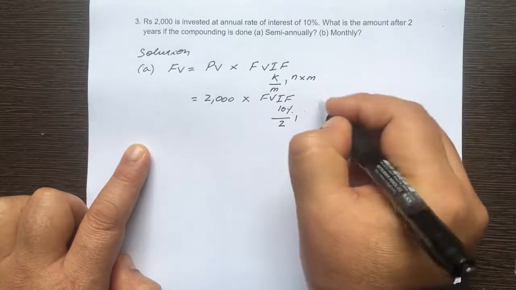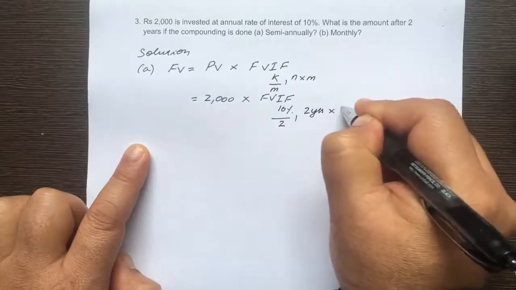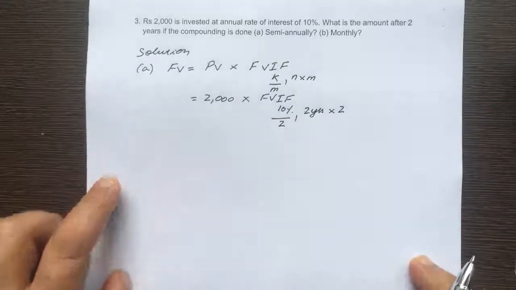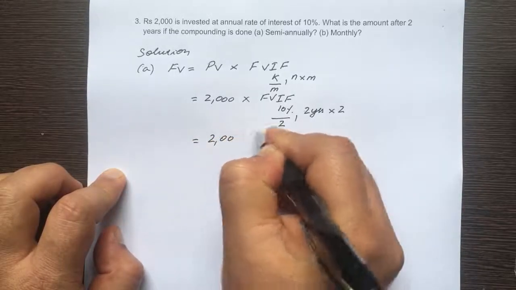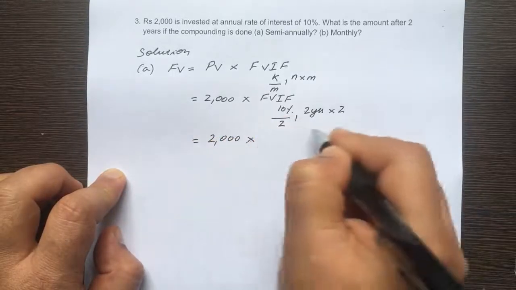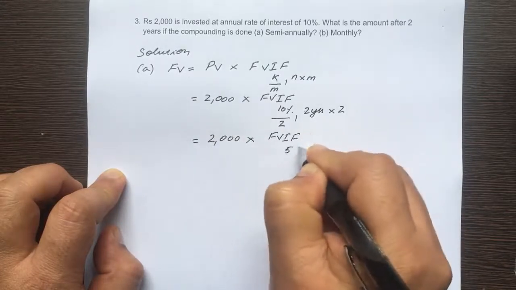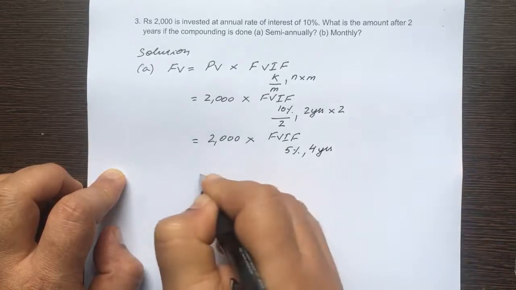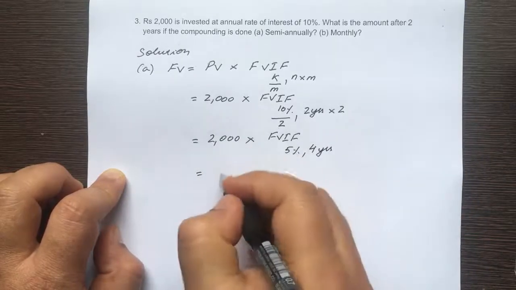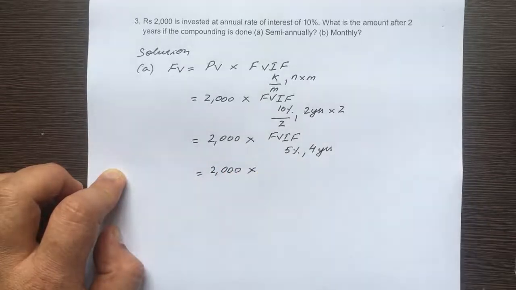N is 2 years into M, again 2 times. All right. So it will be 2000 into FVIF 5%, 4 years. Now find out the value of FVIF using the FVIF table.